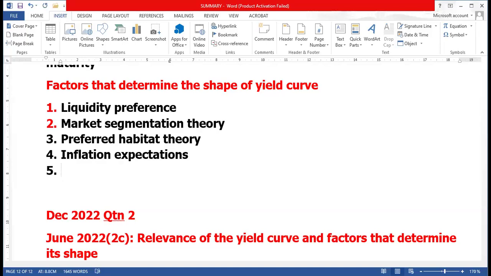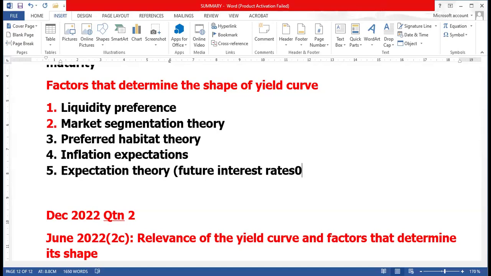There are a lot of issues, even the interest rate alone, the expectation. There is the expectation theory, which connects to the future interest rates.